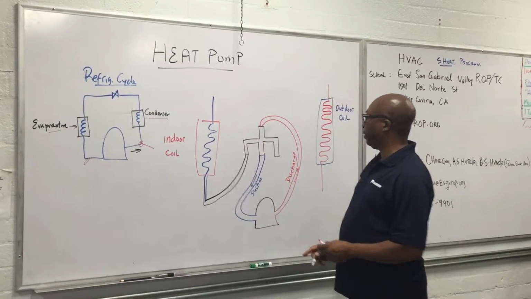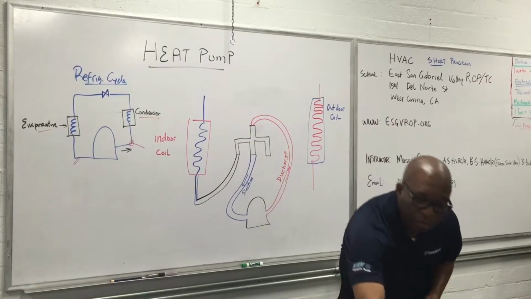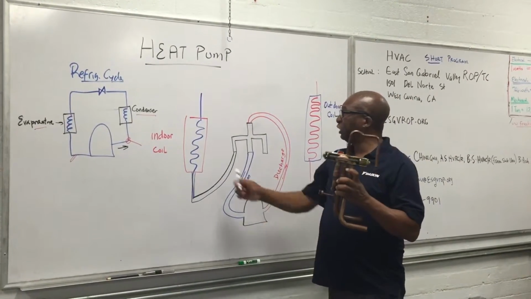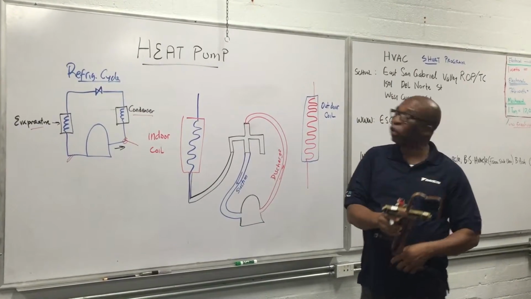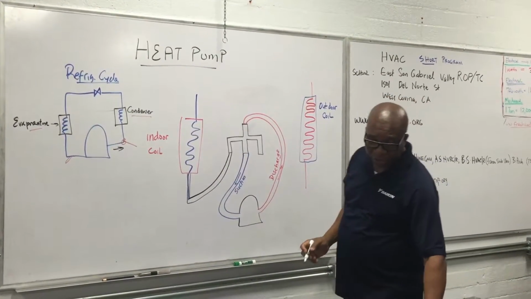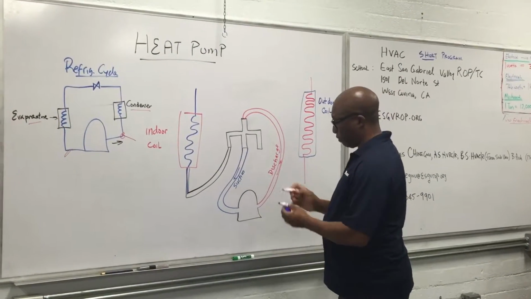That's what it looks like. One end of the reversing valve goes direct to the indoor coil, while the other one on the outside goes direct to the outdoor coil. So I'm going to have this coming out here.